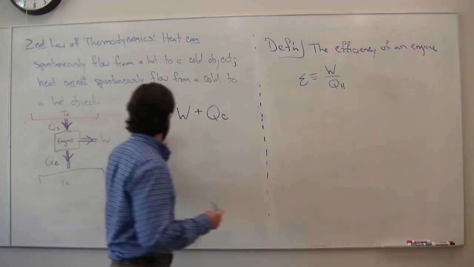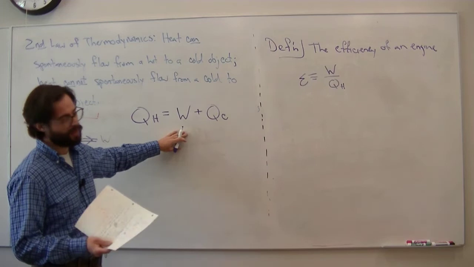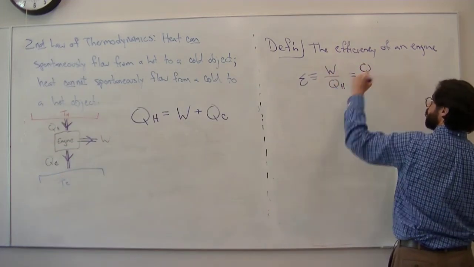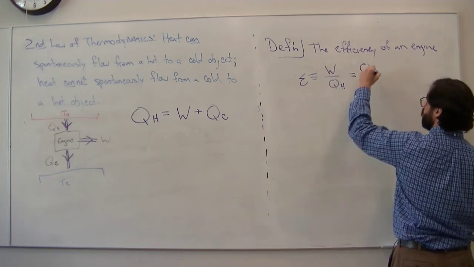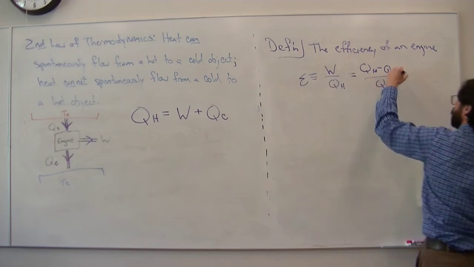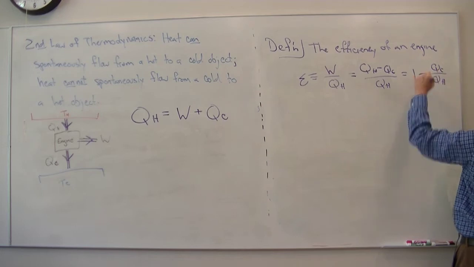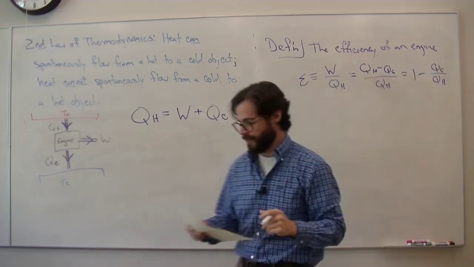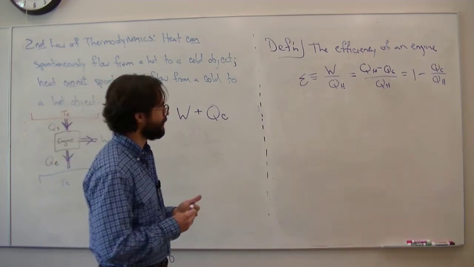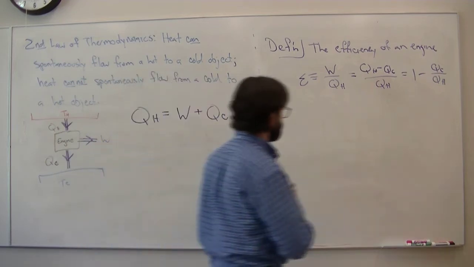So with this statement of energy conservation, we can phrase this in a couple of different ways, which may or may not be useful. So we could phrase work as Q hot minus Q cold. Or we could factor and simplify this way. So these are all equivalent statements. So that's the efficiency. So for instance, I could draw two engines that are just completely ridiculous at the asymptotes.